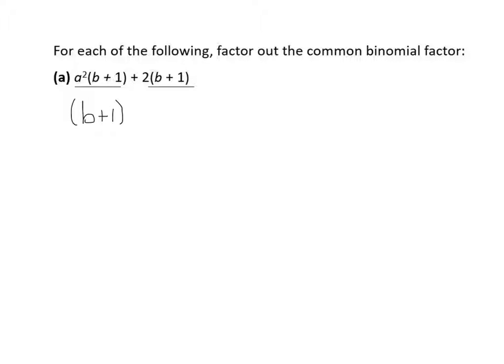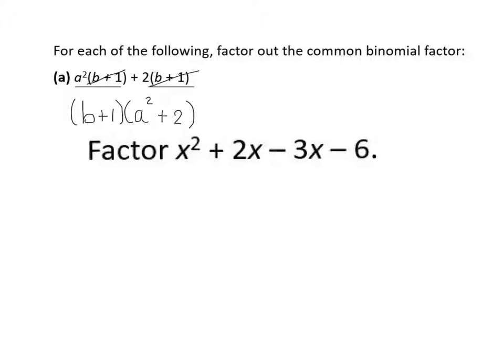So if we divide the first term by b plus 1, then the b plus 1 will cancel. If we divide the second term by b plus 1, then the b plus 1 will cancel. What we have left over is a squared plus 2. So a squared plus 2 is our other factor.